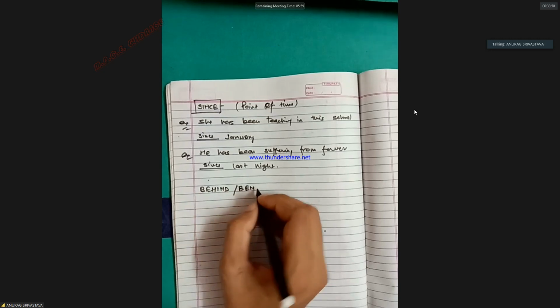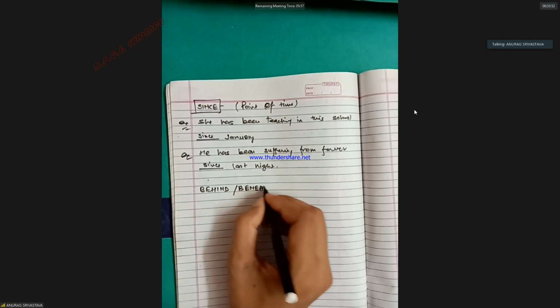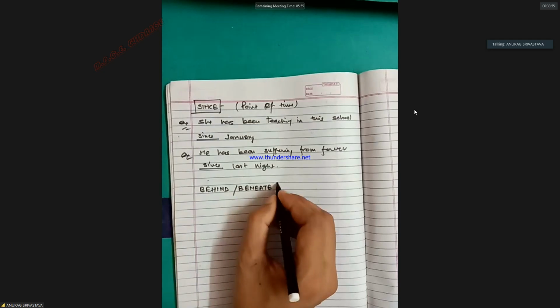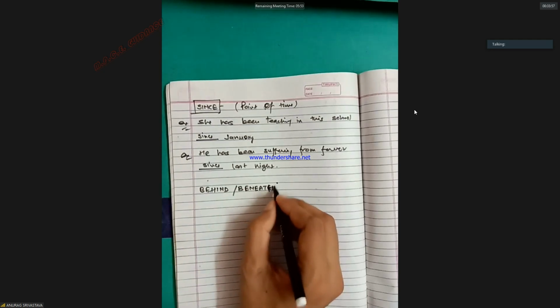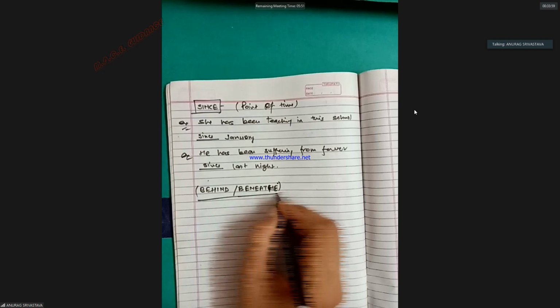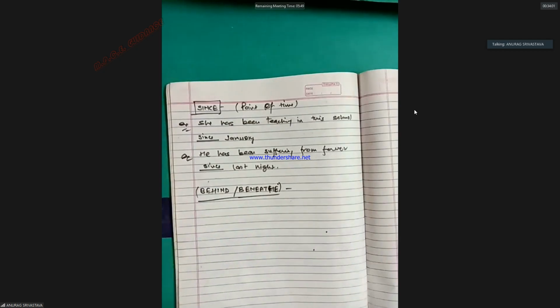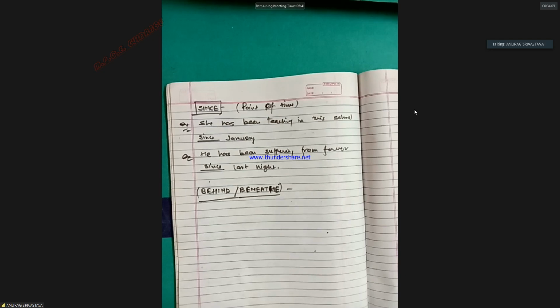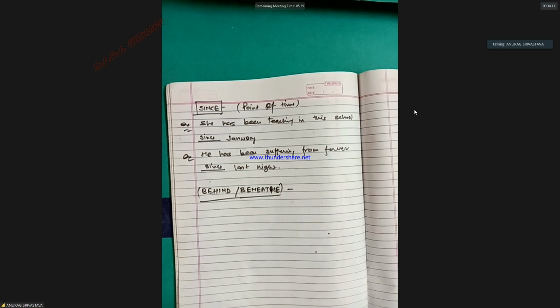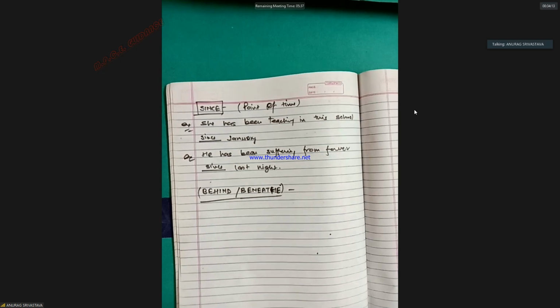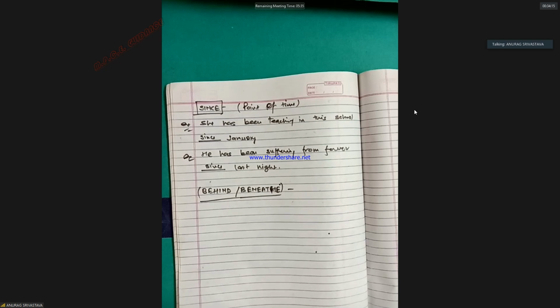These words can also be used as prepositions. So what is the meaning of behind? Behind generally means hidden side. Okay, whereas beneath means in the deep point.